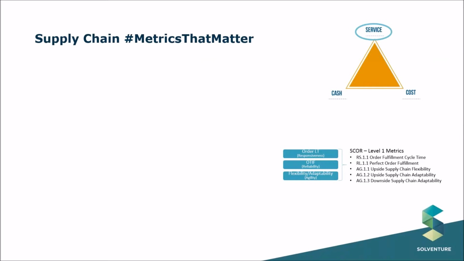It's a reference model in supply chain, and that's where I started. The SCORE model has so-called level 1 metrics, clustered in 3 groups when it comes to the service dimension. You have responsiveness, you have reliability, and you have agility.